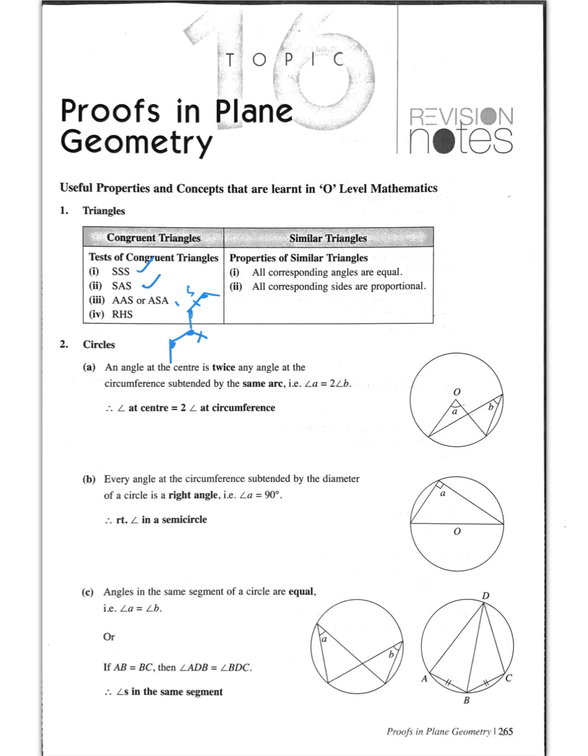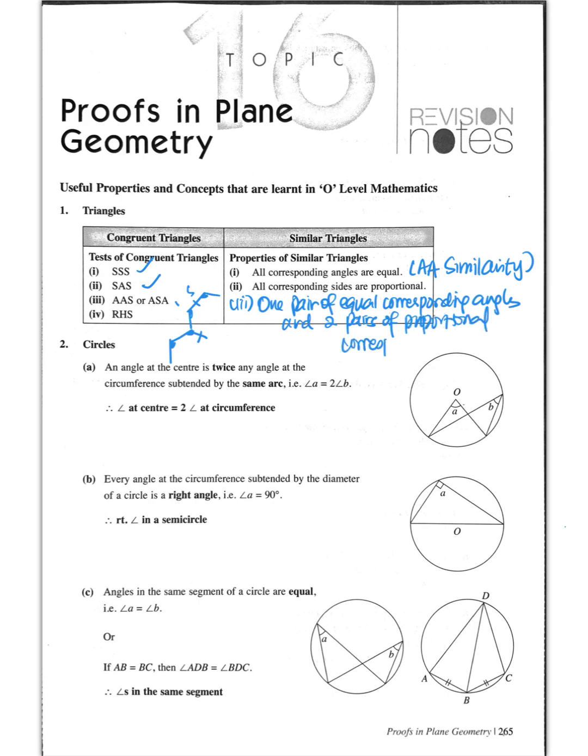And then for similar triangles, you have all corresponding angles are equal, or AA similarity, or all corresponding sides are proportional, or the third one, you have one pair of equal corresponding angles and two pairs of proportional corresponding sides.